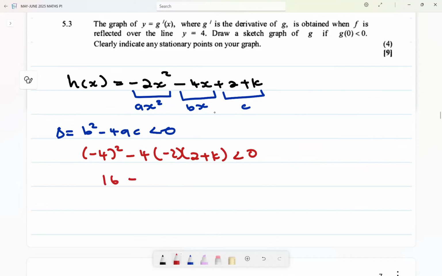I'm having 16 minus negative 4 multiplied by negative 2, which is positive 8, multiplied by this one, positive 16, and then positive 8 multiplied by k, it is positive 8k. Less than 0.